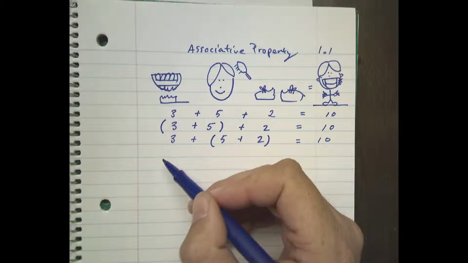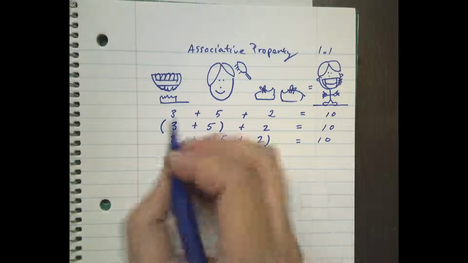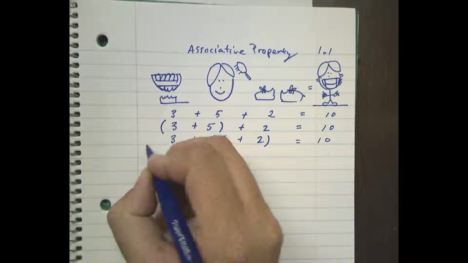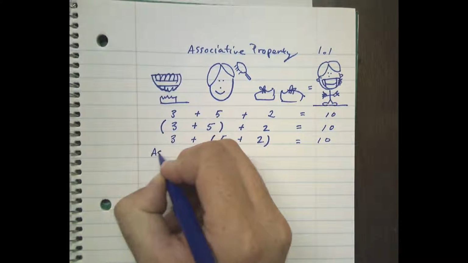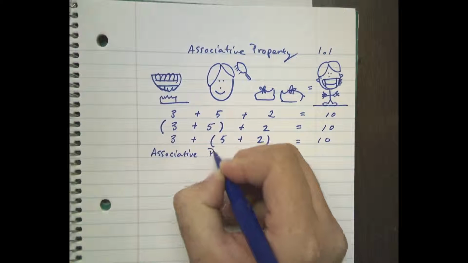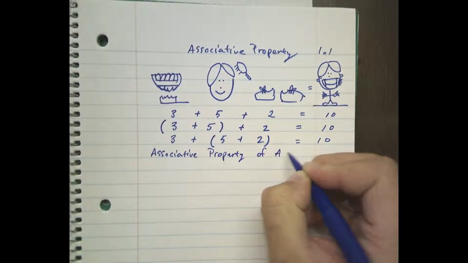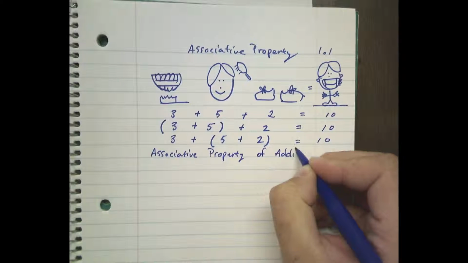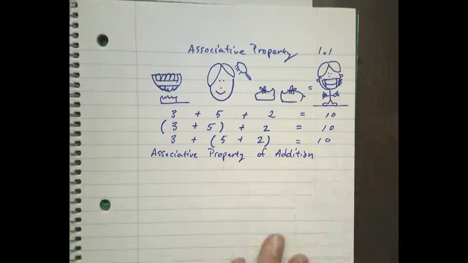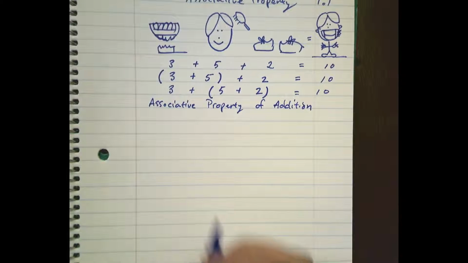Now, the same is true for the associative property of multiplication. So let me just write this right here. This is the associative property of addition because we're adding. Okay. And now the next one is going to be our associative property of multiplication.